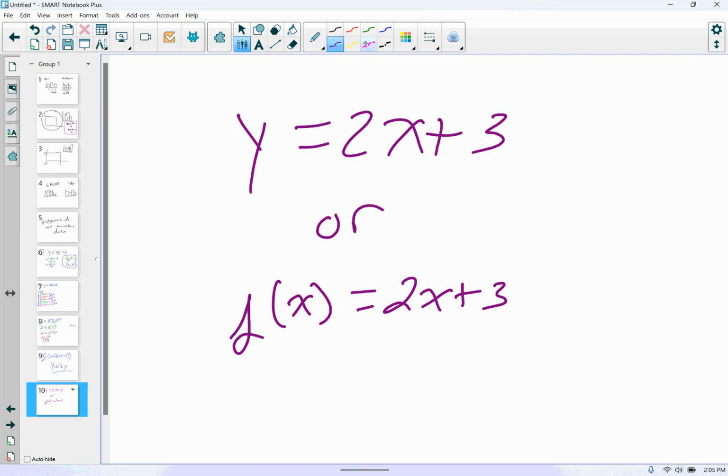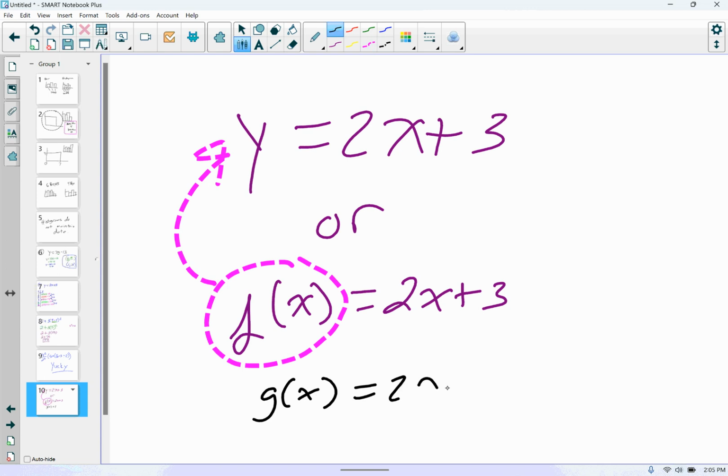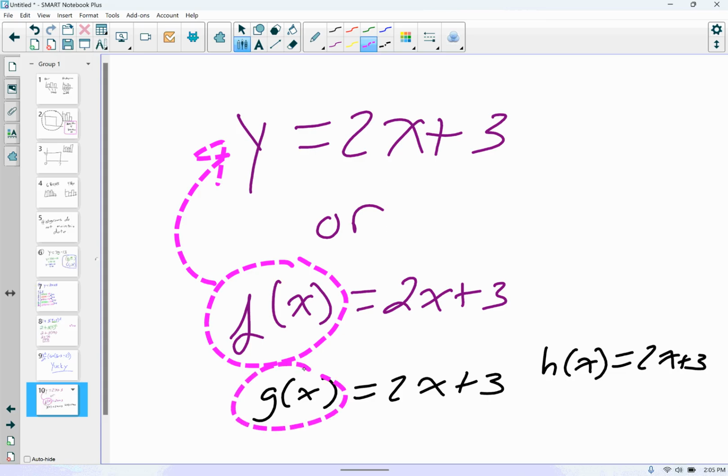One is just in a term called functional notation. So that means the same thing as y for all intents and purposes. I mean, once you get onto calculus, it might mean a little different, but for right now, we're okay just saying if I have f at x or if I have g at x or I had h at x, these all mean the same thing. Okay? So this is just called functional notation. It just means the same thing as y.